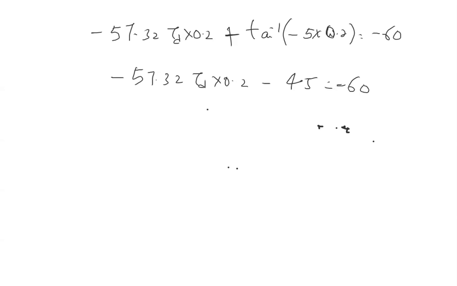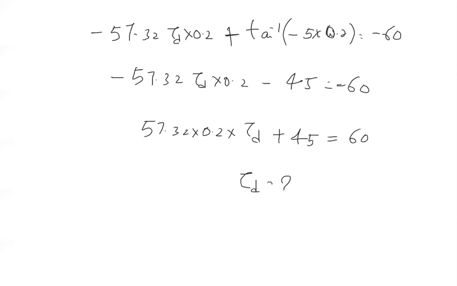So if you solve this equation, 57.32 into 0.2 into tau d plus 45 is equal to 60. So what is tau d?